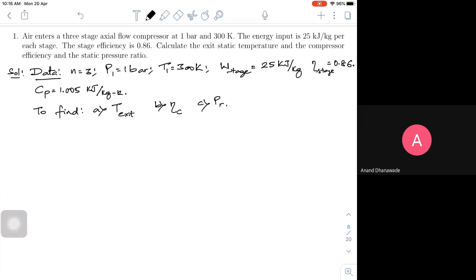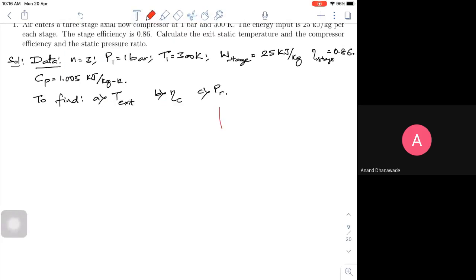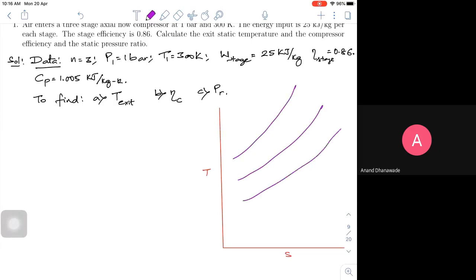Okay. Let's write the corresponding TS diagram first. Draw the TS diagram, T versus S, and input the corresponding pressures. The pressures are diverging, for the first stage, second stage, and third stage. They are all diverging.